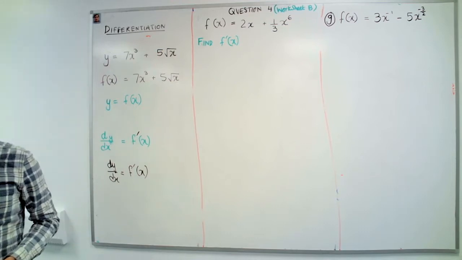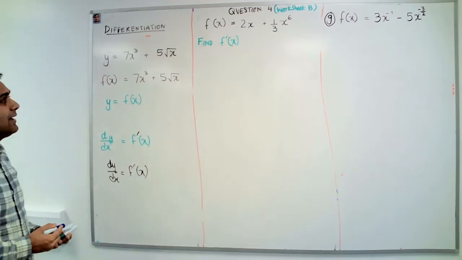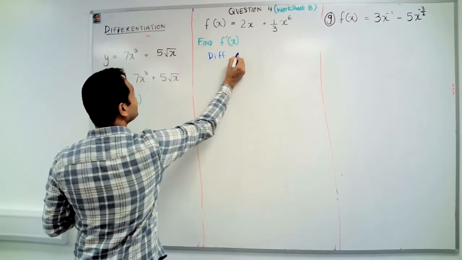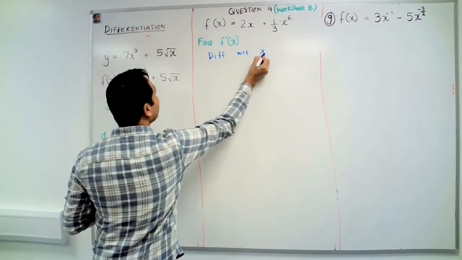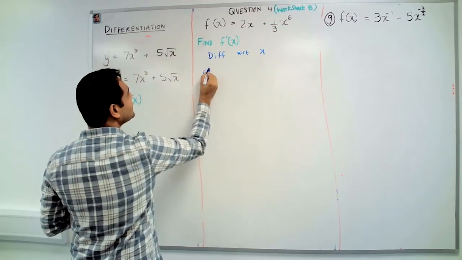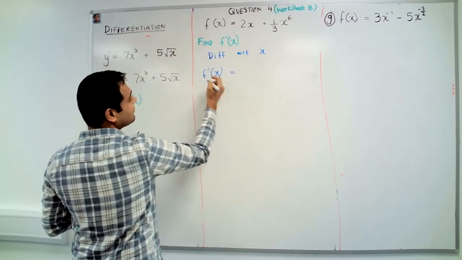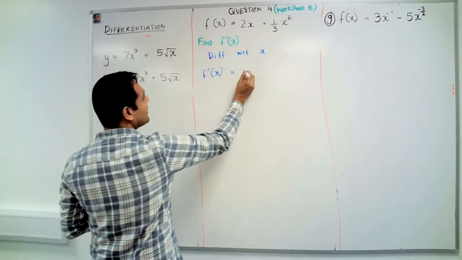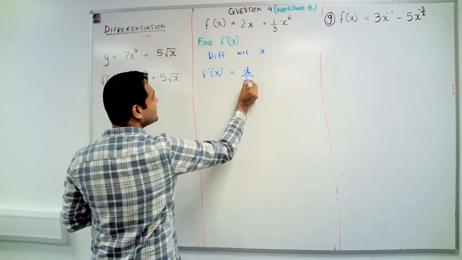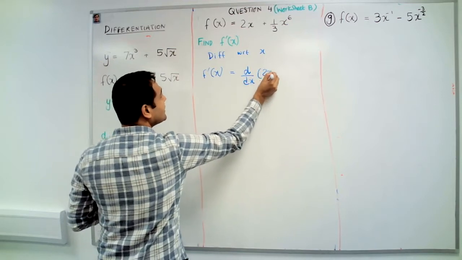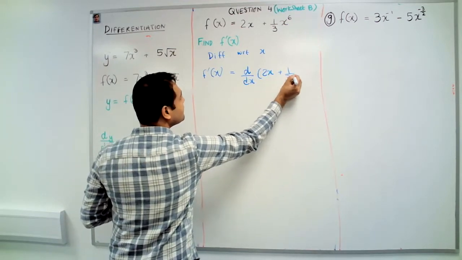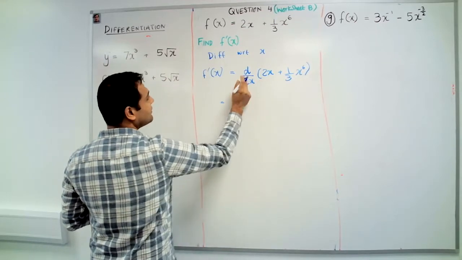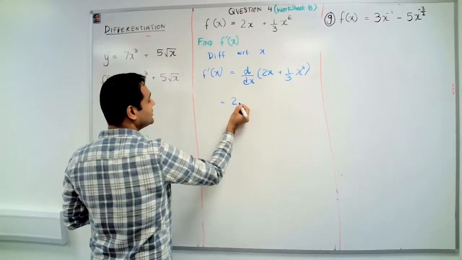You don't have to do anything different, except you write down here differentiate with respect to x. On this side, you just put f dash x. You don't have to write dy over dx because this is dy over dx. And on this side, you just put that bit. So you know that d over dx of 2x is just 2.